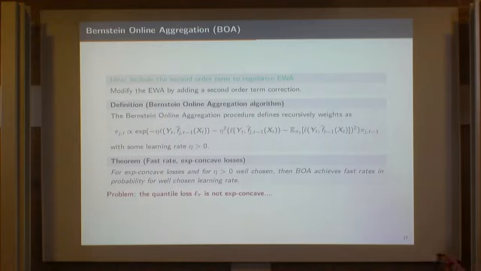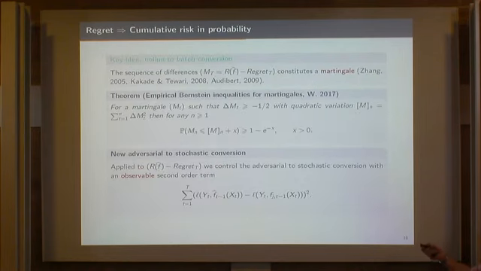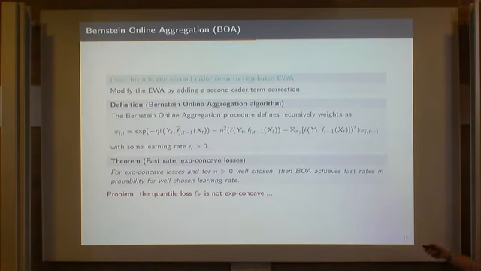And that's what I call Bernstein online aggregation, because it comes from this quadratic variation. So it's EWA where I penalize the algorithm when it itself fluctuates too much, in the direction where it fluctuates too much.